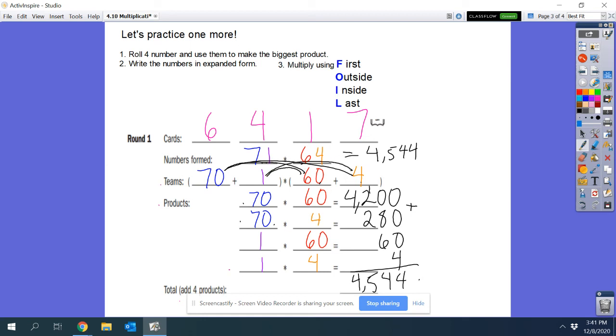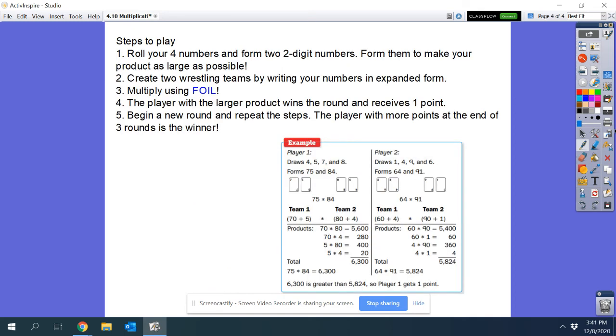So today, you'll do some problems with extended facts, but as a bonus, if you would like to play multiplication wrestling with someone at home, I'll put these rules for you in Seesaw. So it says roll your 4 numbers, but you probably don't have a dice at home with the digits 1 through 9 on it.